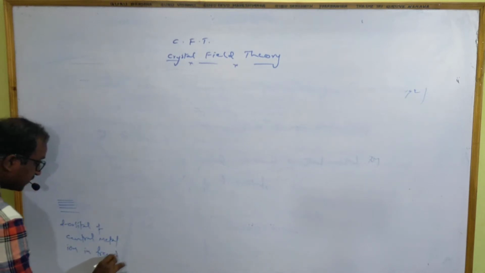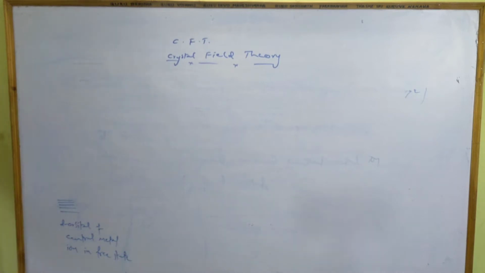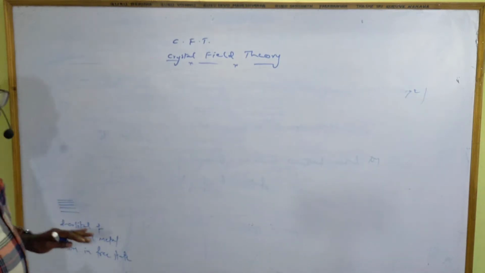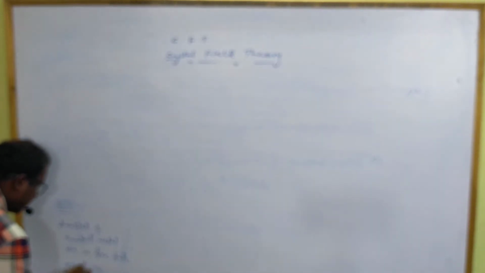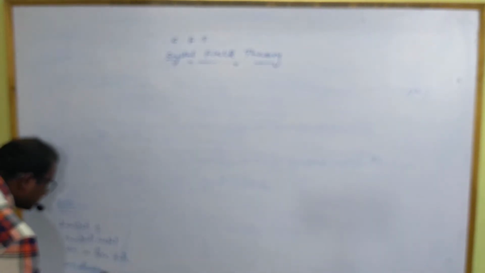Free state means there is no ligand, there is no complex, just the metal. So the 5 d orbitals have the same energy. Same energy means we can call them degenerate orbitals.